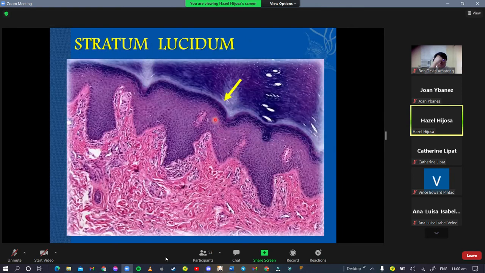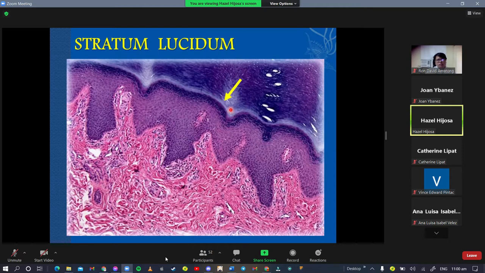Next we have, seen only in thick skin, the stratum lucidum. Although this is difficult to identify with the use of a light microscope since the cells here stain poorly. Okay, so this is considered as a subdivision of your stratum corneum. Okay, and this is described as a thin translucent refractile layer of 4 to 6 rows of very flattened cells, which are keratinized cells.